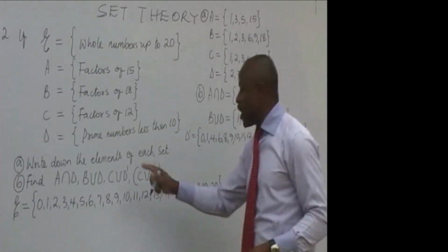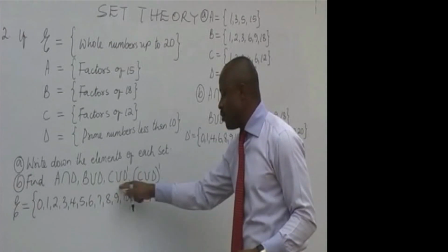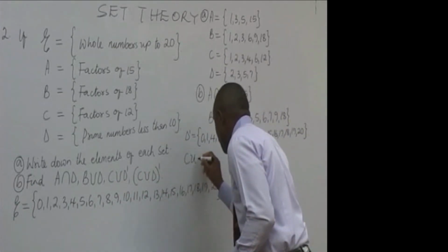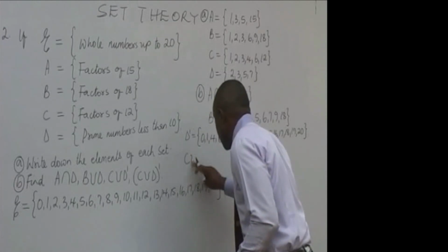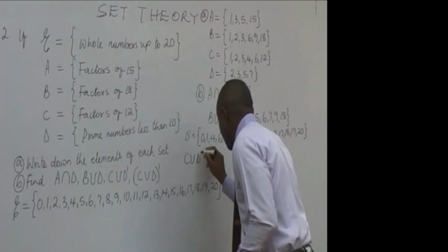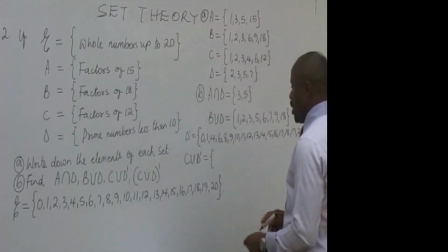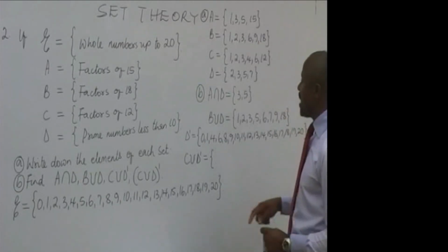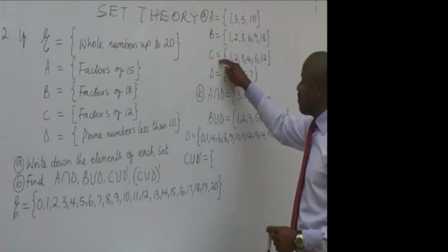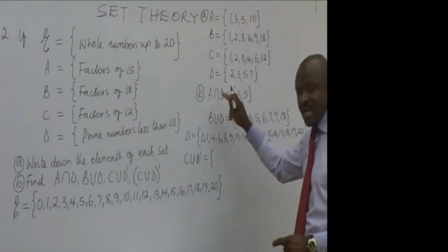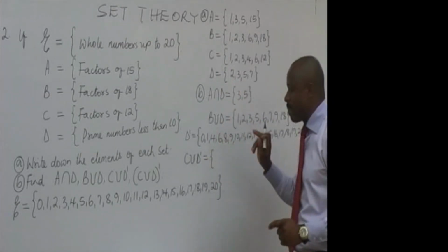Now let's go into C union D prime. C union D prime are members of C and members of D prime.